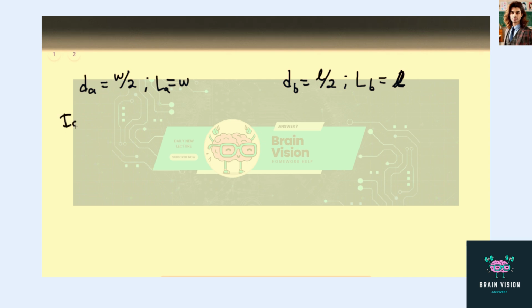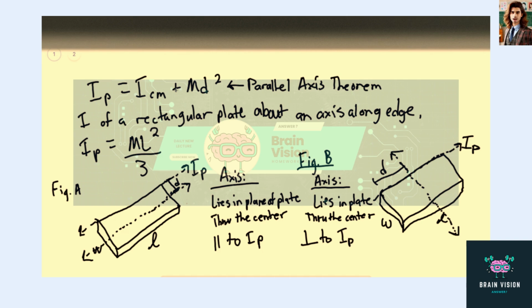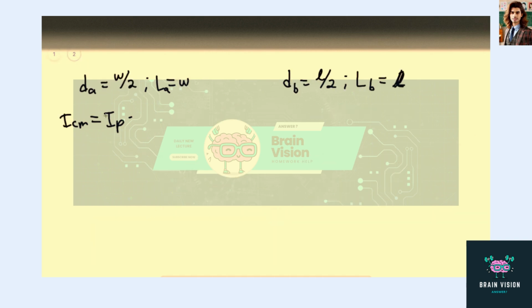We know that ICM equals IP, and this time we have manipulated this equation. So now I of the center of mass equals the moment of inertia about an axis along an edge, minus md squared.